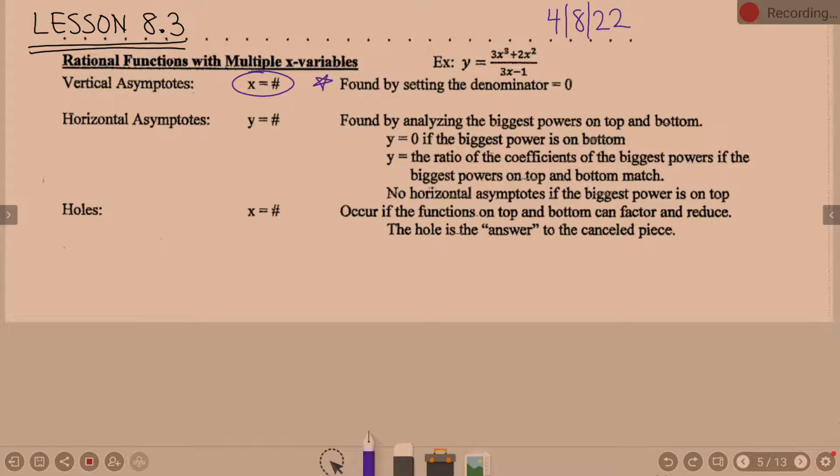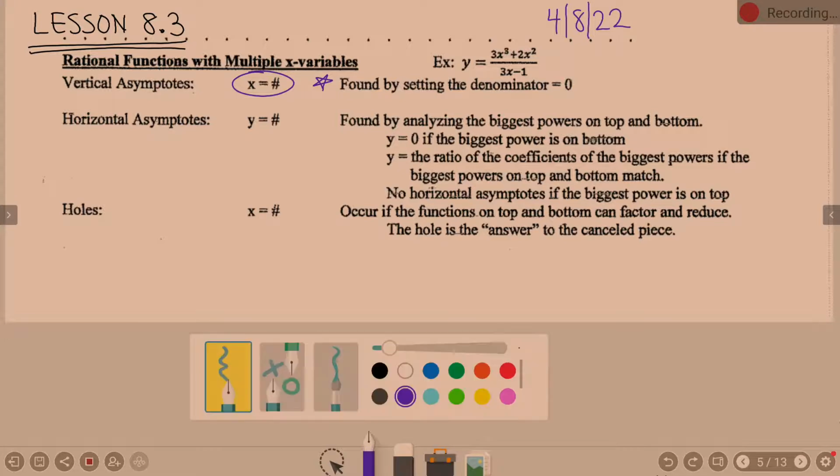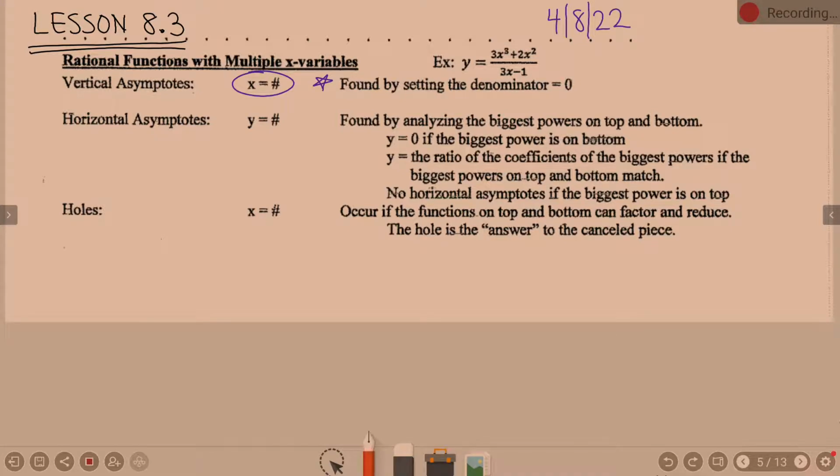You find the vertical asymptote by setting the denominator equal to 0. So if I use this problem up here as an example, what is the denominator? It is 3x minus 1. So if I take that denominator and I set it equal to 0, how do I solve for x if it's 3x minus 1 equals 0?